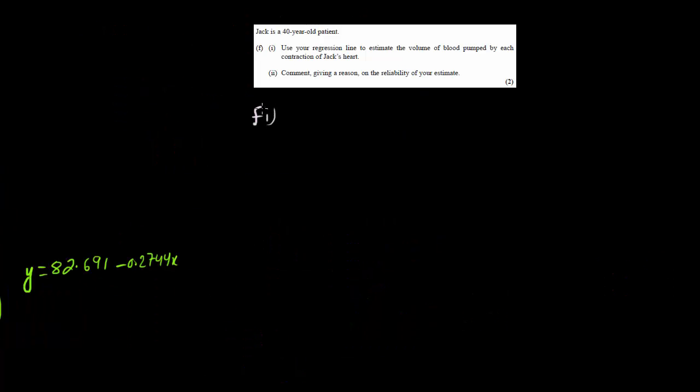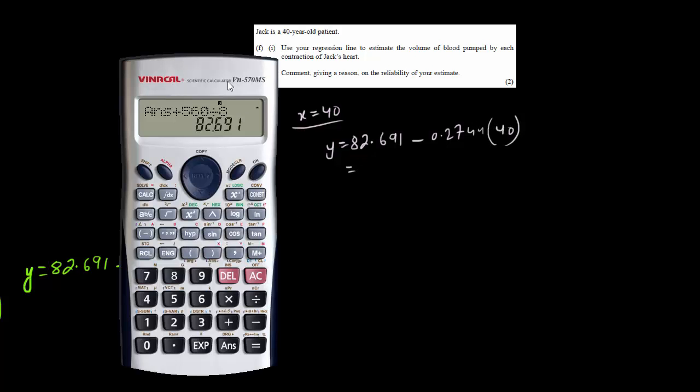Now in part F1 we have to use the equation. Jack is 40 years old, so we know the age of Jack, so x equals 40. Now use the regression line to estimate the volume of blood pumped by each contraction of Jack's heart. So we know y equals 82.691 minus 0.2744 into, instead of x we write 40. So let's see what the value of y is.